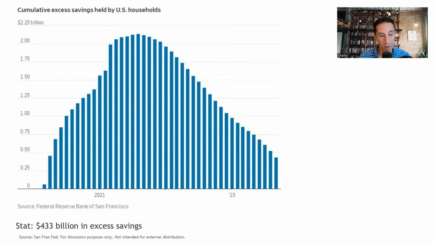As you can see, at one point in 2021 it was over $2 trillion, and slowly that's been going down. But still, the San Francisco Fed is saying there's still $433 billion sitting there for U.S. households to access if they want to spend that money. And perhaps that's an additional factor that's going to lead to a boost in holiday spending.